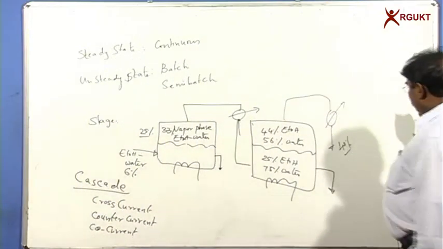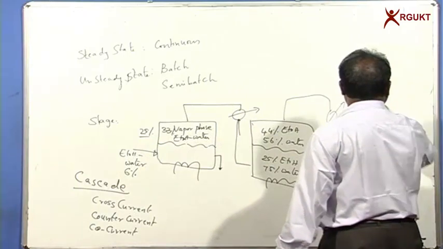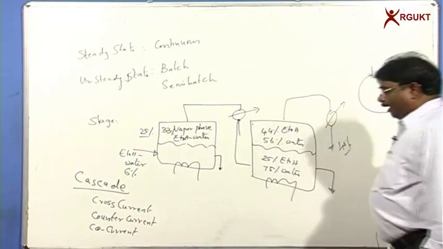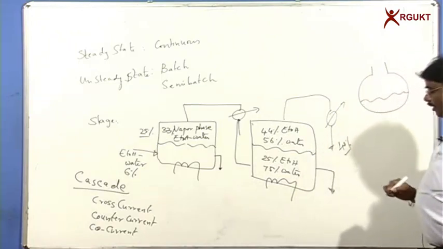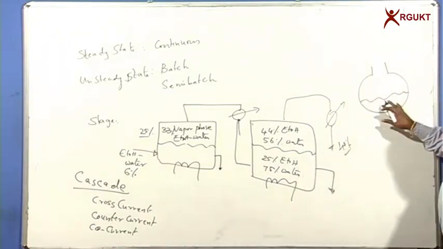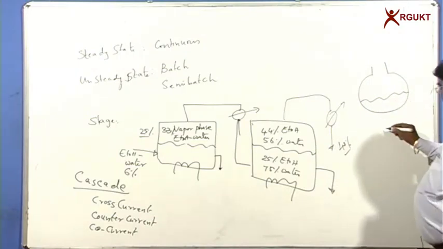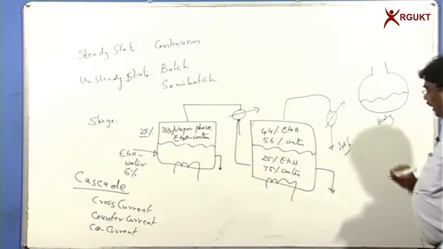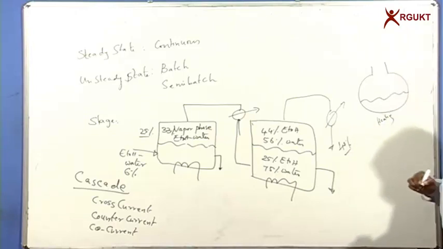These villagers used to have a sort of distillation system. They have a pot here, and here they have taken some water, some black jaggery, and some salt. Then they apply heating here, and the fermentation process takes place.